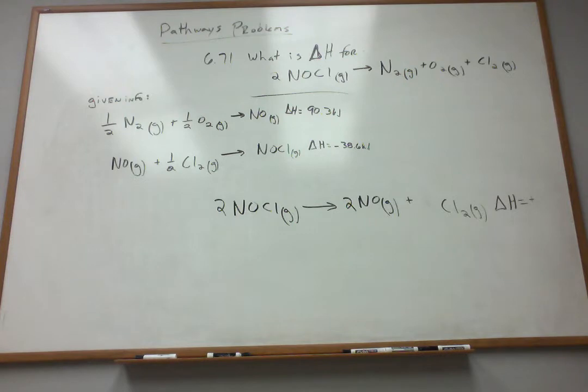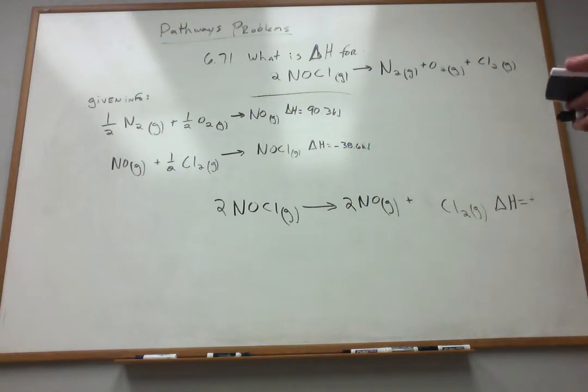That's the first thing. The second thing I did is that I multiplied my reactants by 2, right, to make the stoichiometry work out. When you do that, you also need to multiply the enthalpy by the same factor, okay?